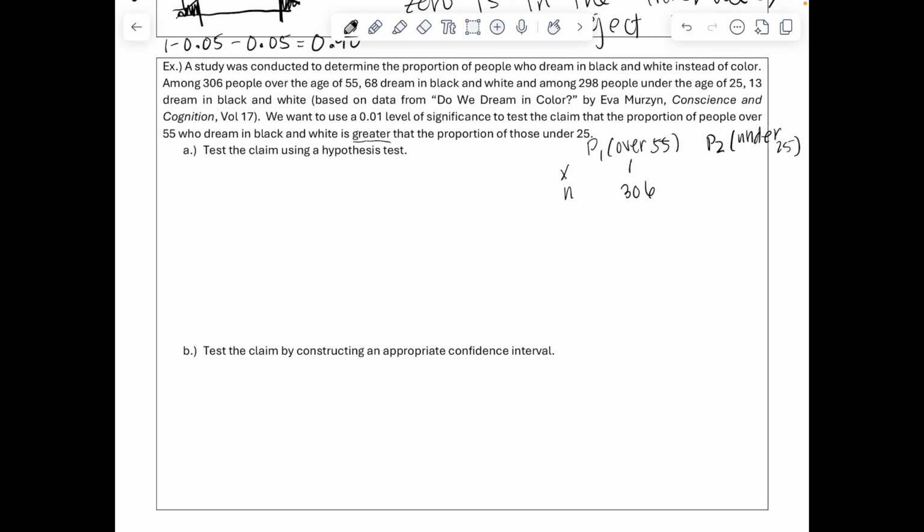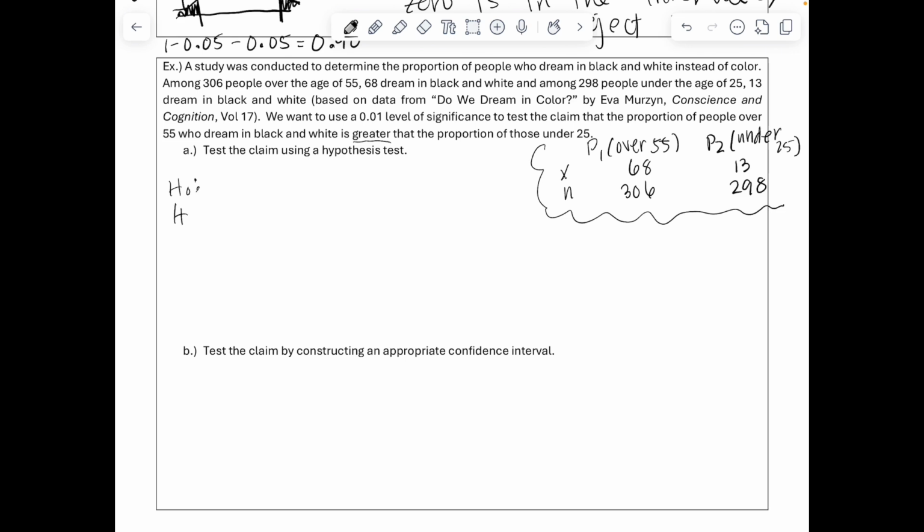And it says 68 of them dreamt in black and white. So that's that specific characteristic that they have. Whereas 13 people that were under 25 out of a total of 298. And these are going to be the numbers that we use in our calculator.